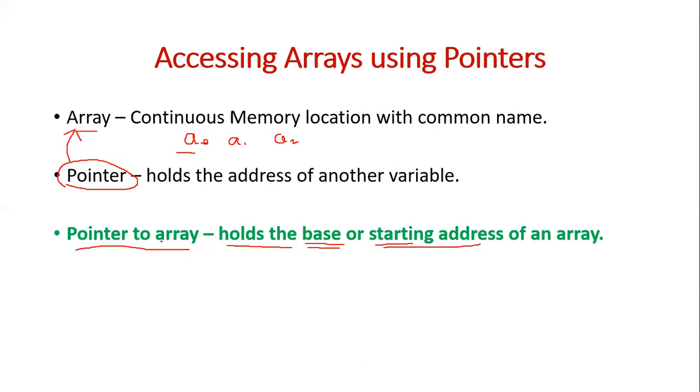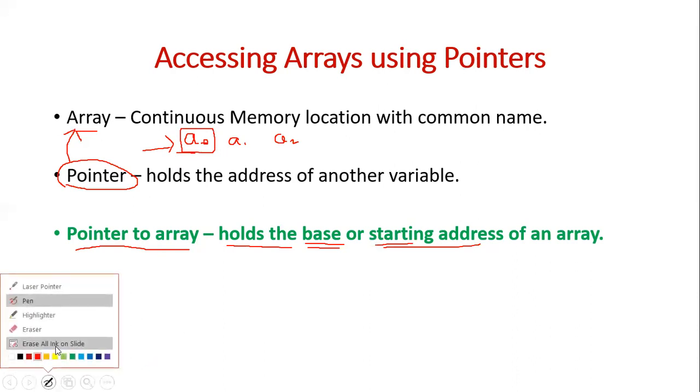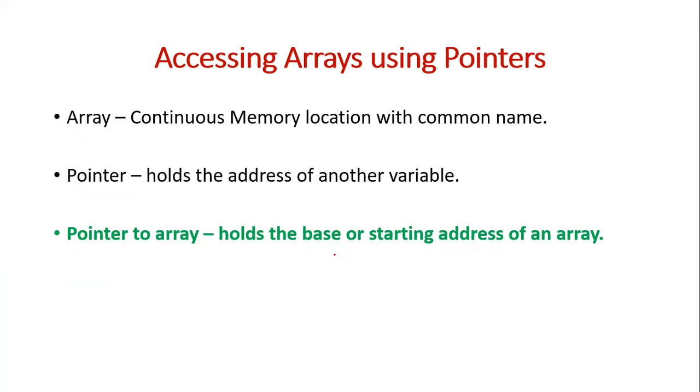So this pointer to an array should initially hold the starting address of the array, that is, the address of the first element, A of 0's address. If you have that type of pointer holding the base address of an array, then using that we can access the entire array contents. So how to do that? That's what we are going to discuss.